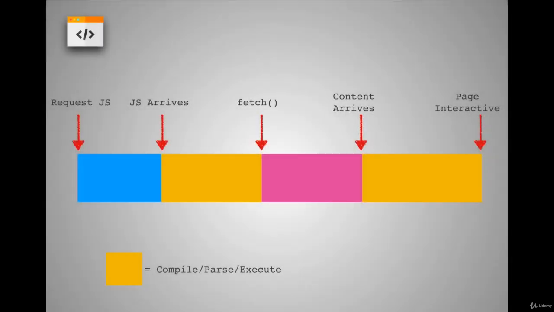Now, it's not just the parse and compile that has a cost. JavaScript execution, which is running the code once parse and compile happen, is one of the operations that has to happen on the main thread. And if you remember, the main thread is kind of like a worker in the browser.